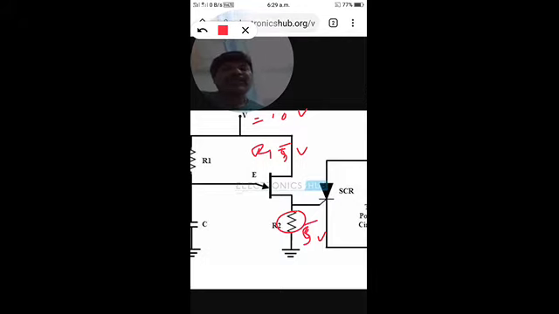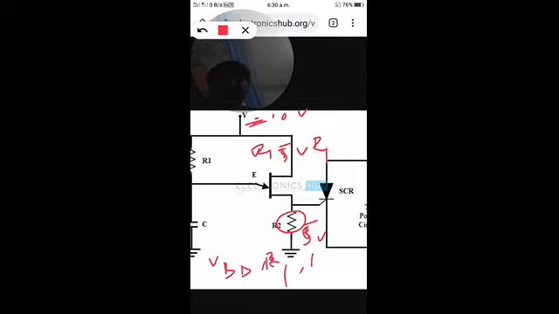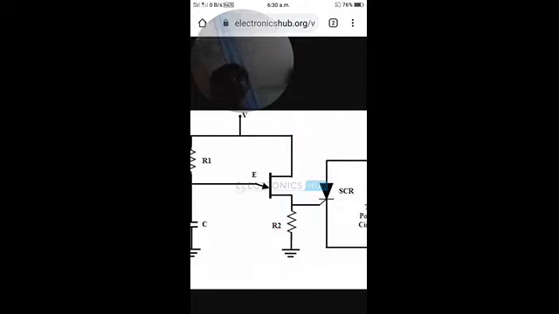So the resistors R1 and R2, along with VBB, form a voltage divider circuit.